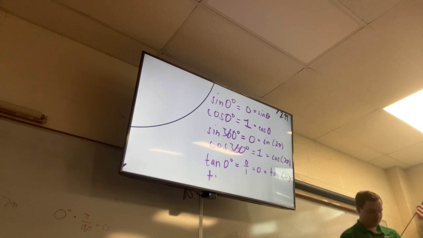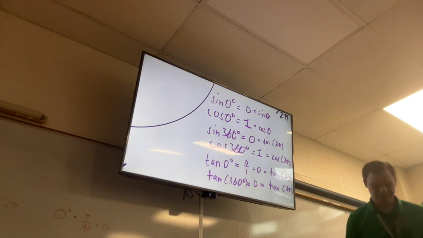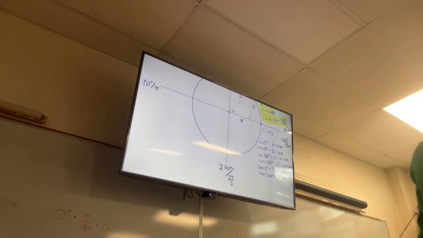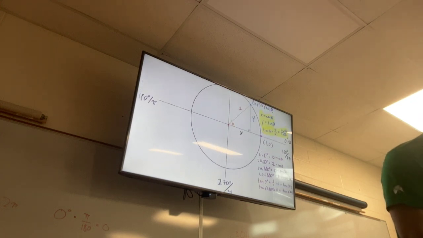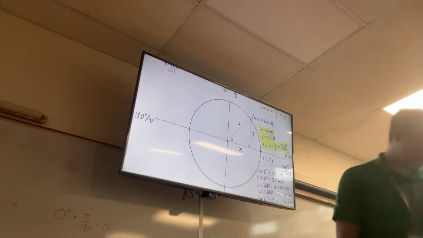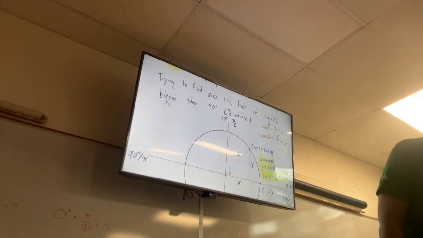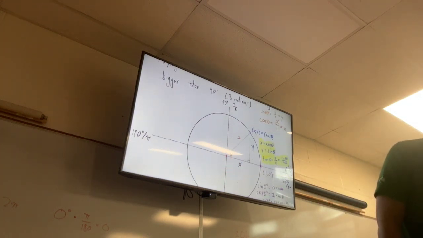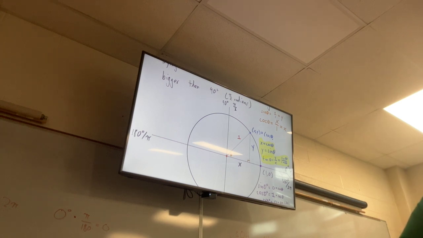Similarly, tangent of 360 degrees is going to be equal to 0, which is the same thing as the tangent of 2 pi. So you guys seeing the reasoning process? And now, x comma y equals cosine theta comma sine theta.